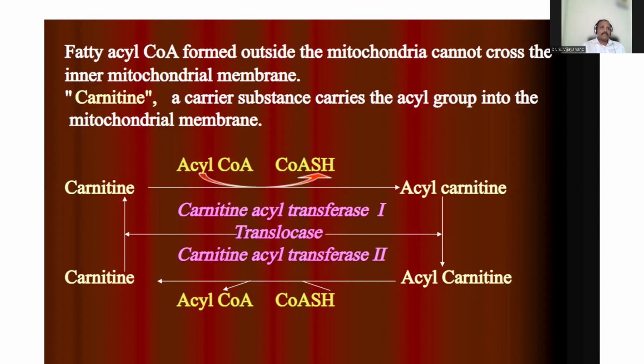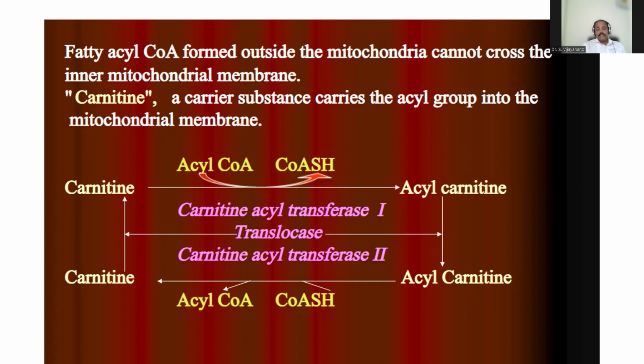One familiar example of a carrier molecule is carnitine. Carnitine is a carrier involved in transporting the long chain fatty acids. It forms a complex with these fatty acids. That process, we call transportation of fatty acids.